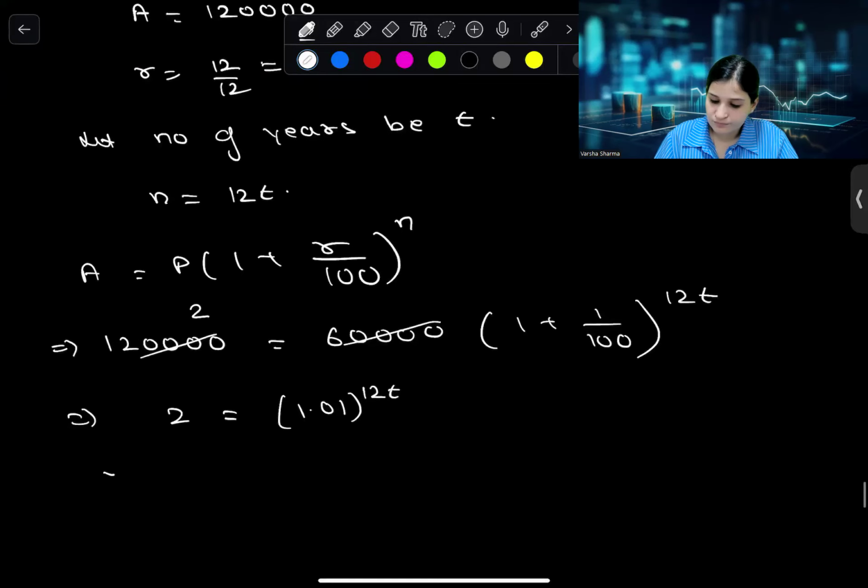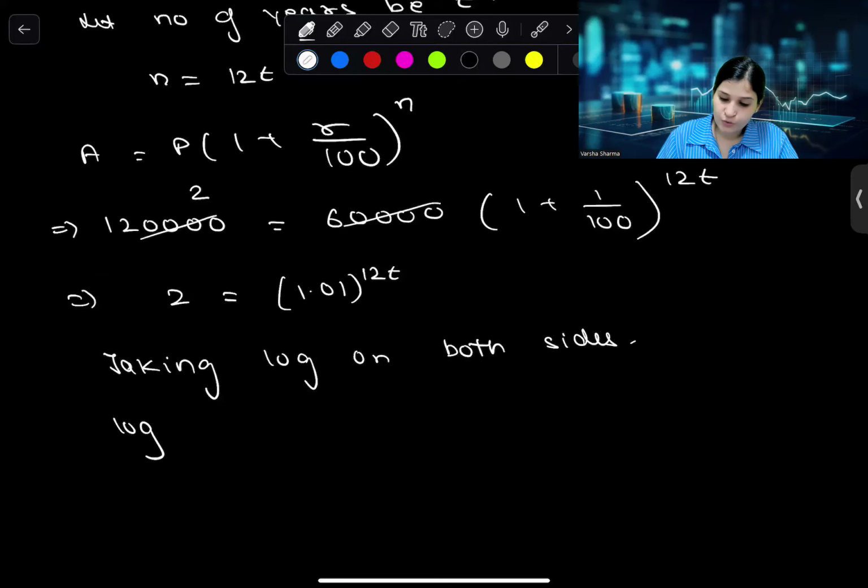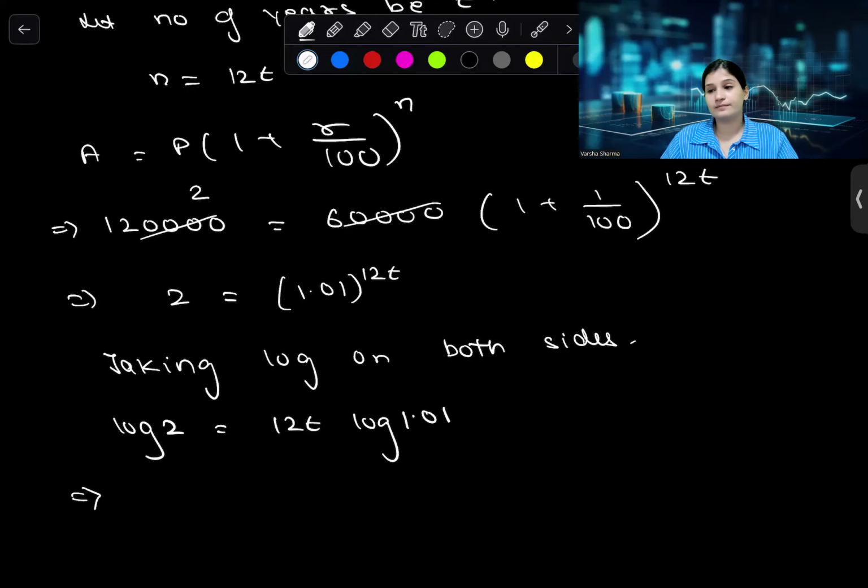Let's take log. So log 2 equals 12t, power comes to the front, log 1.01. What is log 2? 0.3010.